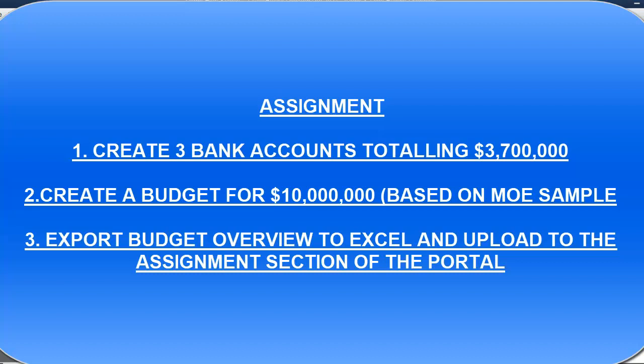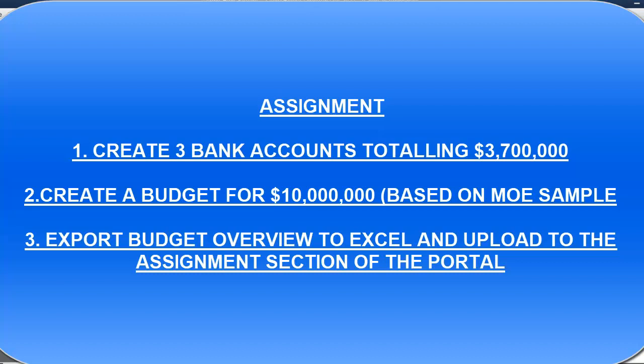Use the line items that you wish, and secondly, the bank accounts need to be created. So you need to create three bank accounts, and when you create those 3 bank accounts, I want everybody to be on the same page as it relates to totals.